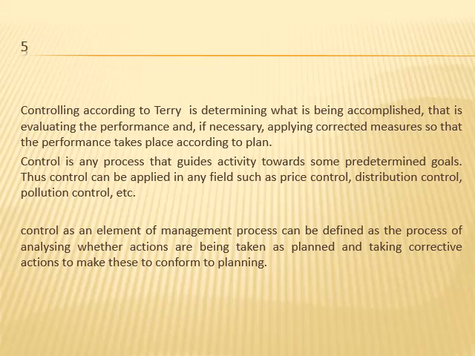So control process tries to find out the deviations between planned performance and actual performance, and to suggest corrective actions wherever these are needed.